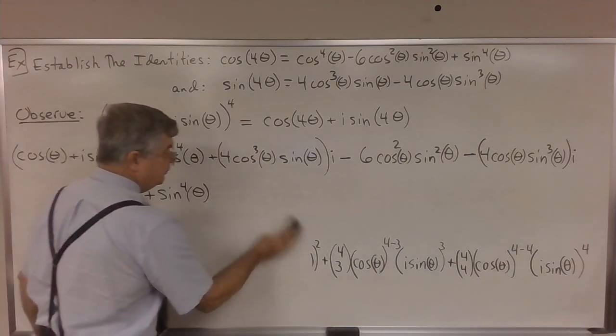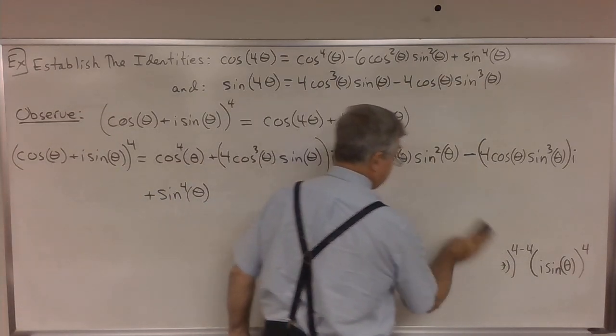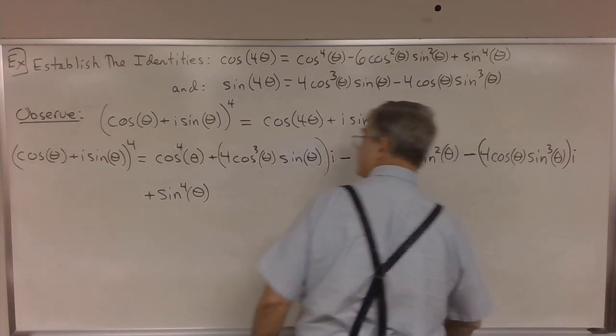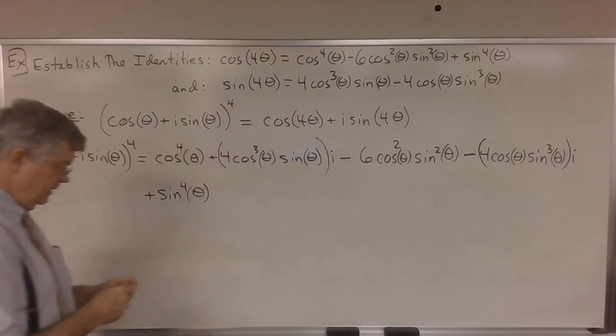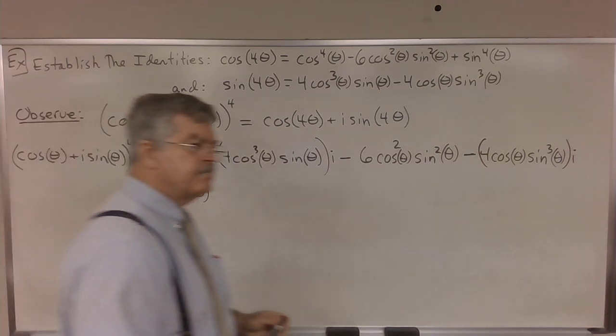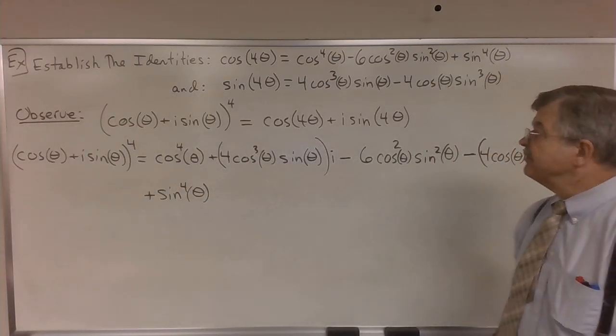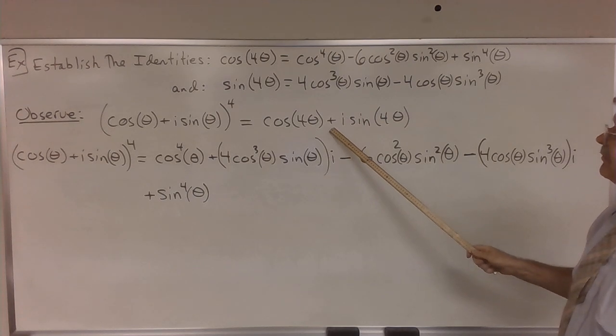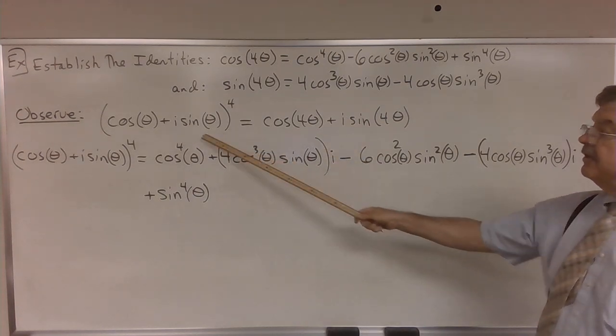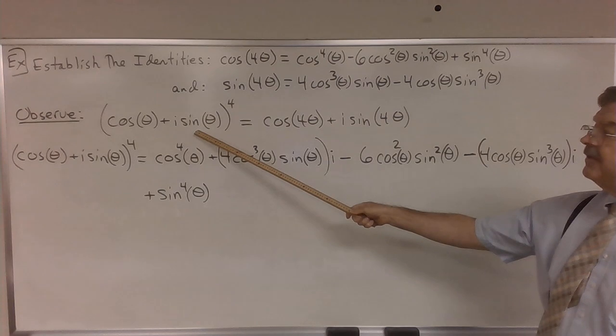Okay, gadzooks, we did it. Now notice, this thing is cosine of theta plus i sine of theta to the 4th.